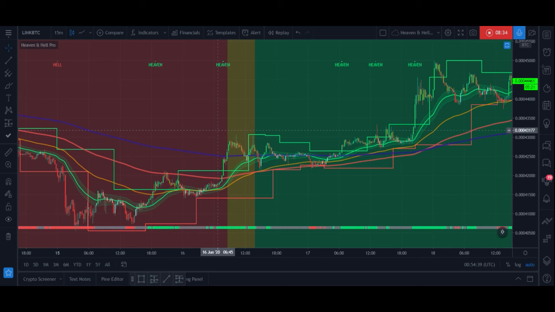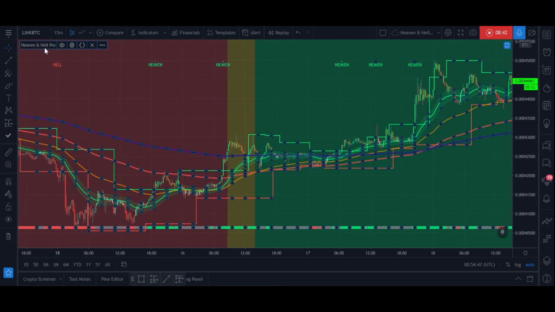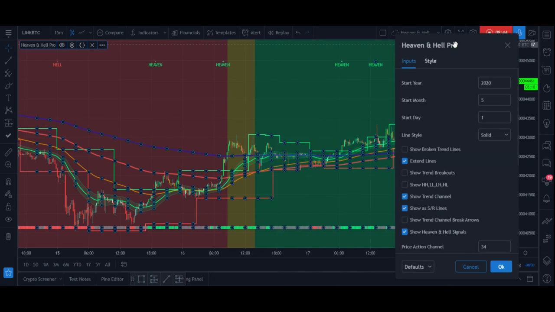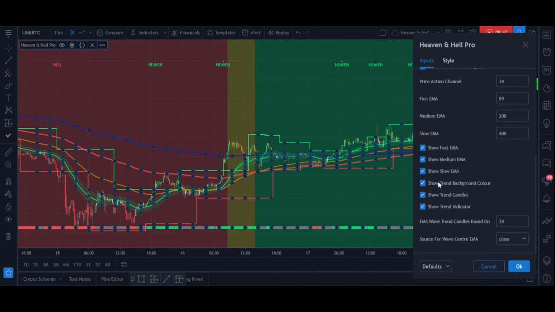For those of you who are super into your EMAs, it's just nice to have those on there, and you don't have to worry about having a whole bunch up here. I don't like clutter, so it's handy to have it in there. But like I said, the background is reflecting exactly what these EMAs are doing. So in actual fact, you don't really need them on.